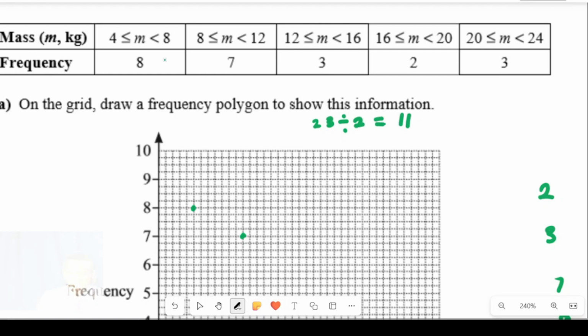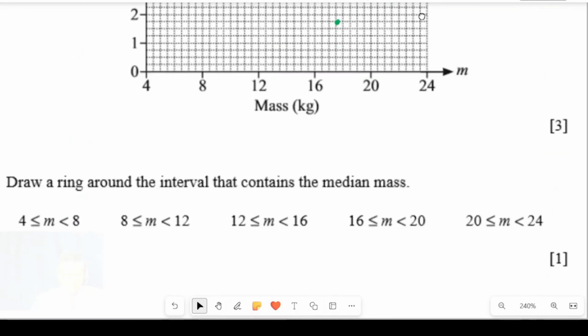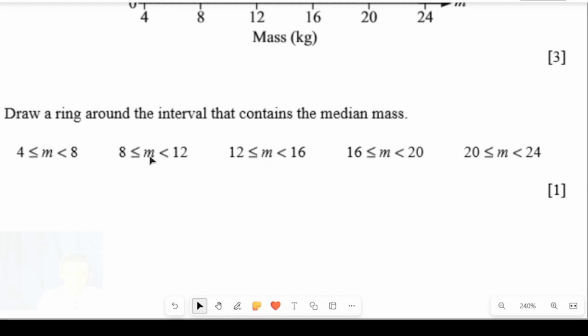So we have 8 plus this, that is 17. So the middle value is going to be in this class, the 11th mass. So 8 plus 3 gives us 11. So the value is here, the class from 8 to 12. Draw a ring.